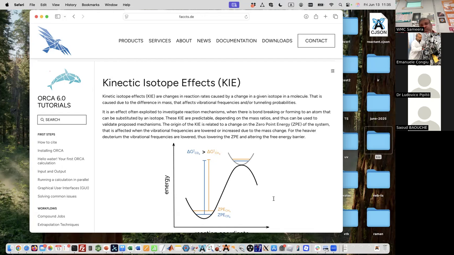But it can help sometimes, because if a transition state is very difficult to locate, you can simply freeze some atoms and optimize it, and then you can use that optimized structure and then maybe go to transition state calculations.